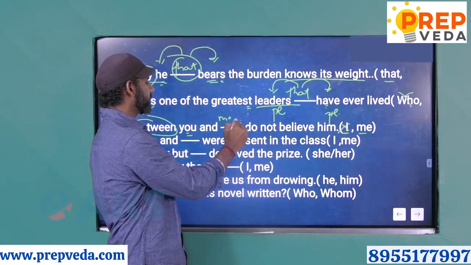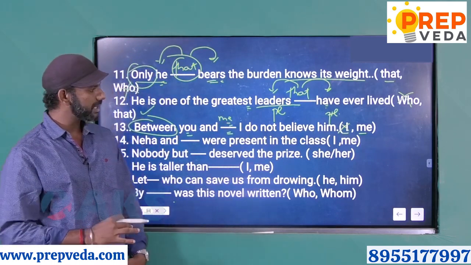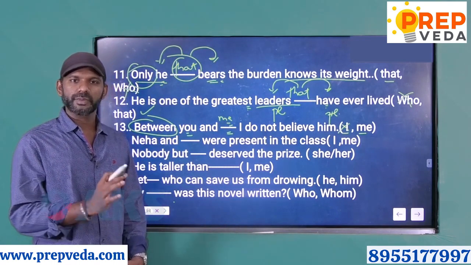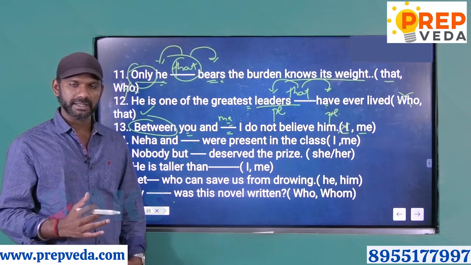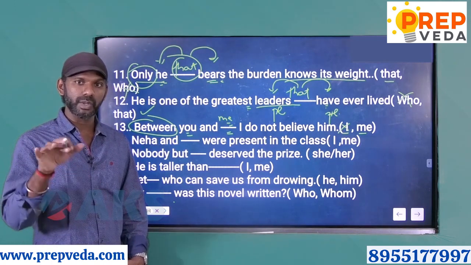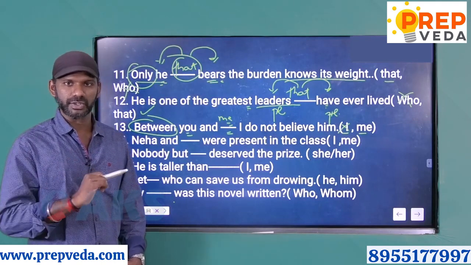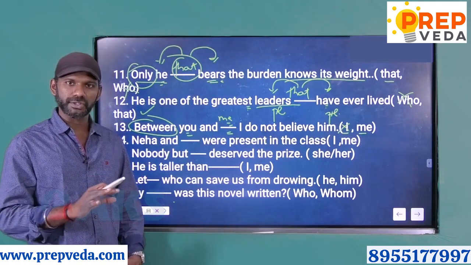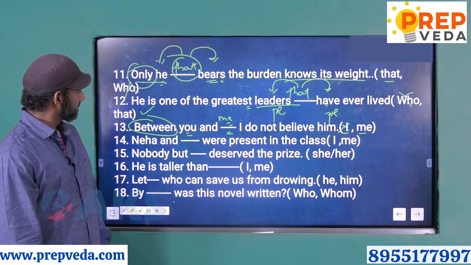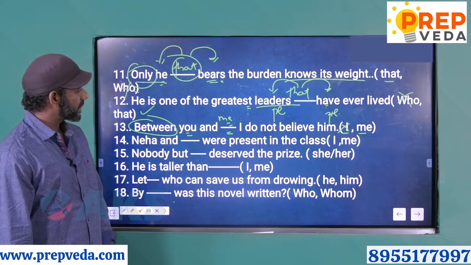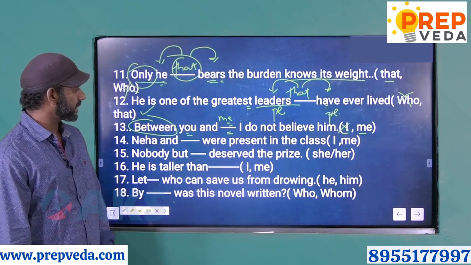The answer here must be me. Between you and me, I do not believe him. Between him and her, between them and us, between you and me, between you and him, etc. So the pronouns that come after a preposition must be in the objective form.